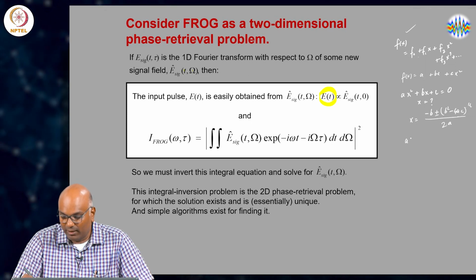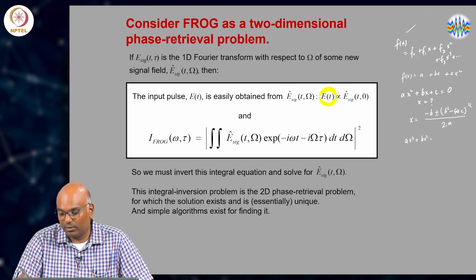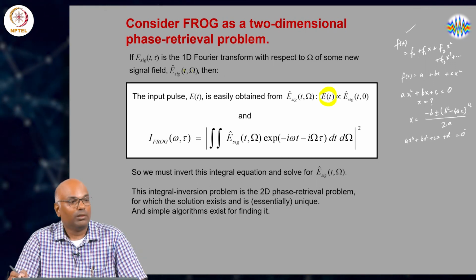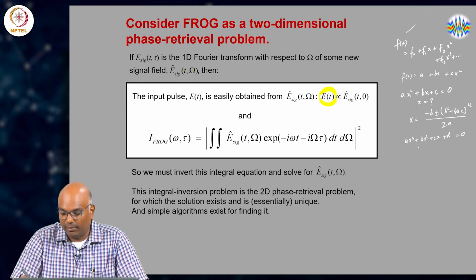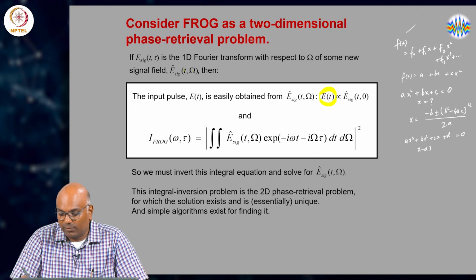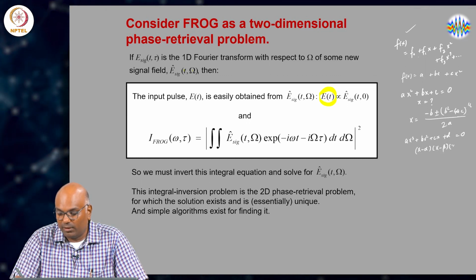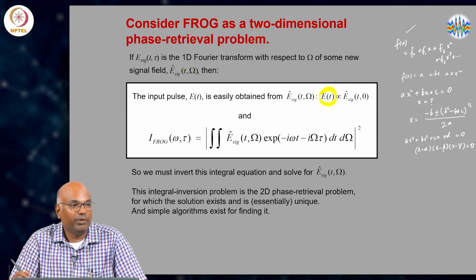But if we had a cubic polynomial, in principle we can still factorize it, right. We can make it x minus alpha, x minus beta, x minus gamma is 0. You can still factorize it.